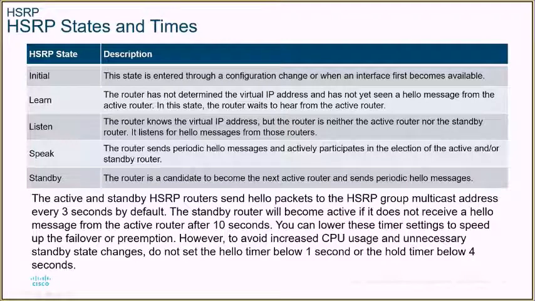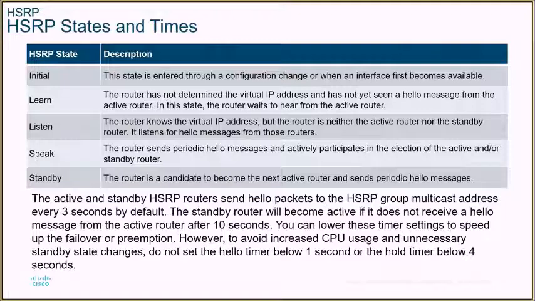Okay, so what states does HSRP go through? It starts in the initial state, which is entered through a configuration change or when the interface first becomes available. Then in learning mode, the router has not determined the virtual IP address and has not yet seen a hello message from the active router. In this state, the router waits to hear from the active router.